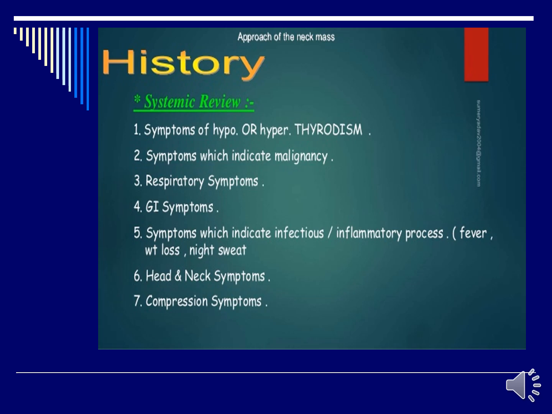Compression symptoms. Some types of tumors may compress the veins and arteries, such as a carotid body tumor compressing the carotid artery, creating engorgement in the veins.